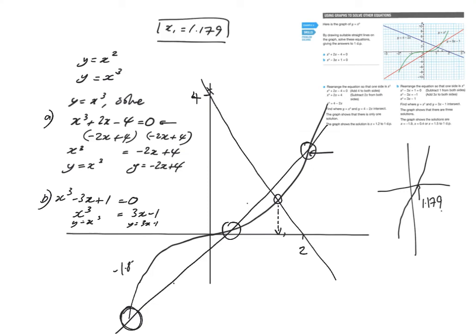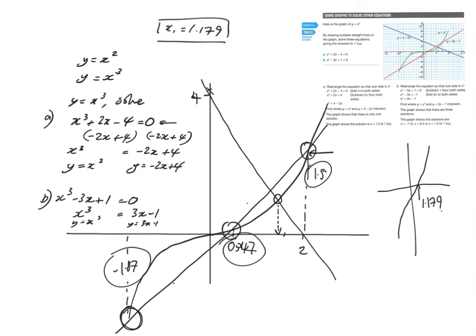I get 1.5, which is that point there, 1.5 maybe, and I get 0.347. So those are my calculated answers, but I can see that roughly we're in the right ballpark with this solution.